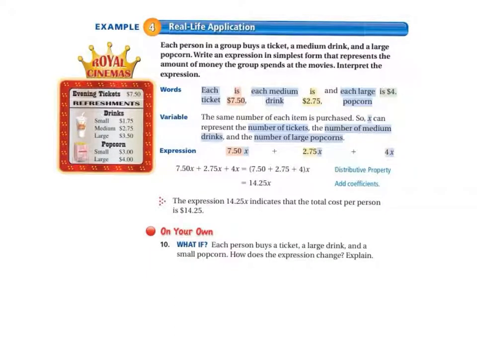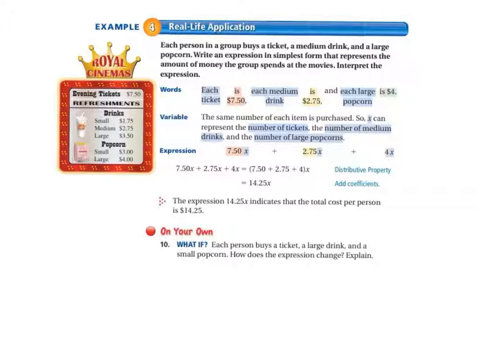Okay, now we're going to look at example 4, our real life application. And we are going to the movies. Each person is buying a ticket, a medium drink, and a large popcorn. We're going to write an expression in simplest form that represents the amount of money the group spends at the movies, and we're going to interpret the expression.